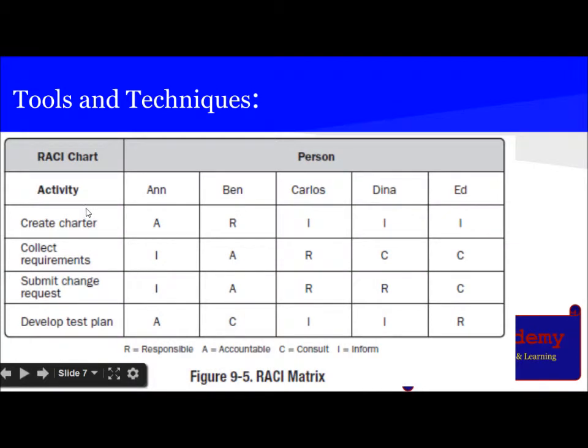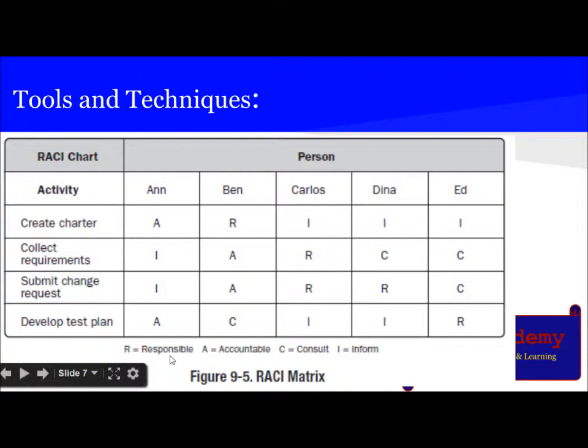So in every activity you will see that there is only one accountable person. Like create charter, Anne is accountable. For collect requirements, Ben is accountable. Submit change request, Ben is accountable. And develop test plan, Anne is accountable. Only one person should be accountable. If there are two persons accountable, then the RACI chart is wrong.